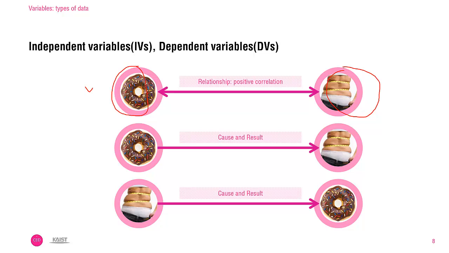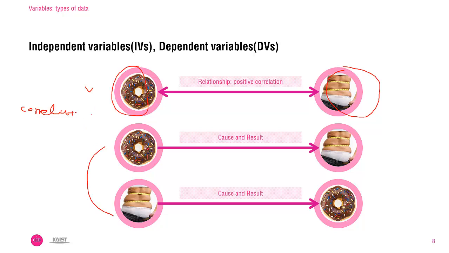Since the donut intake and gained weight can be measurable in a continuous scale, such as interval type or ratio type, a correlation analysis should be proper to analyze the relationship or to quantify the relationship, the strength and the direction of the relationship.